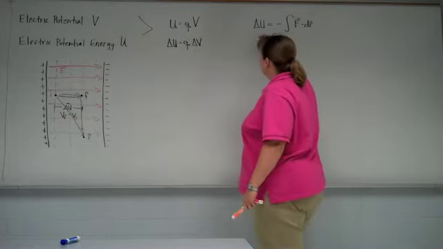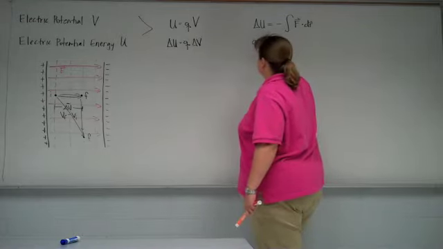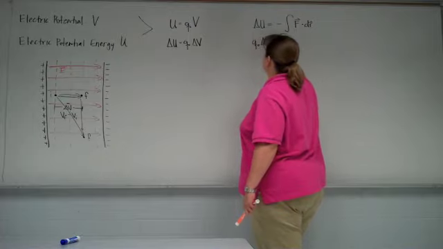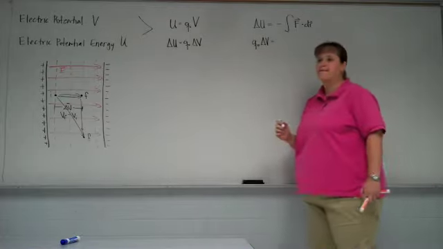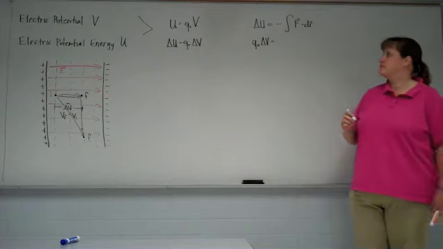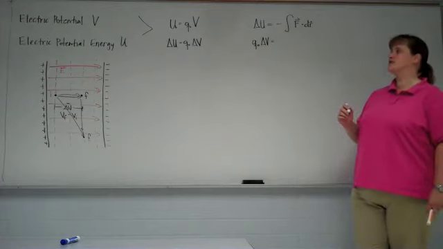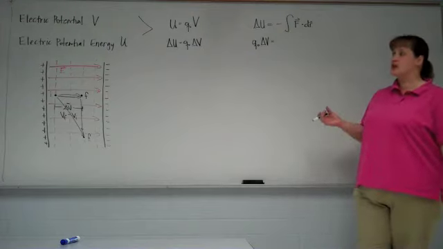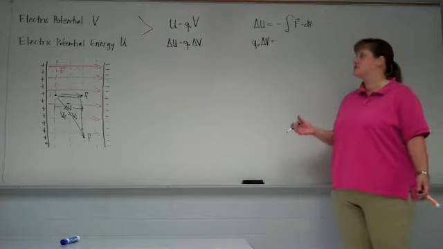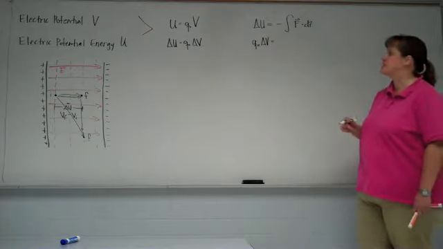But we know delta U is Q naught times delta V. So the change in potential energy is equal to the test charge, whatever charge is going to feel the energy change, times the change in potential it moves through.